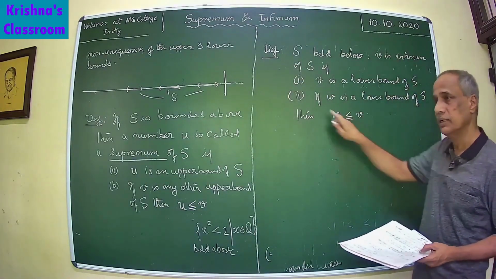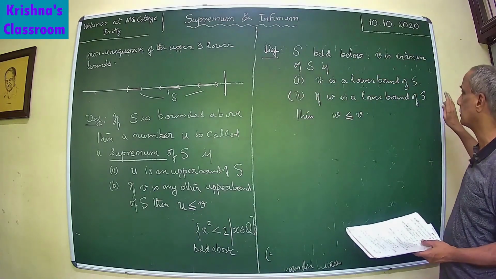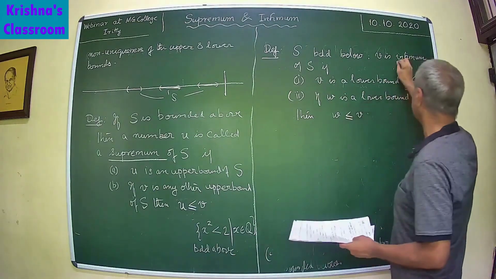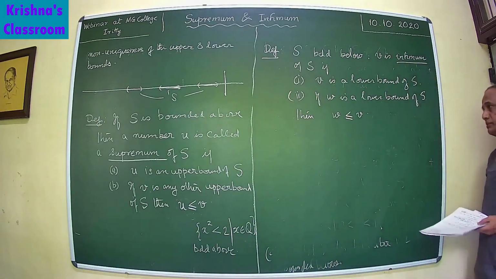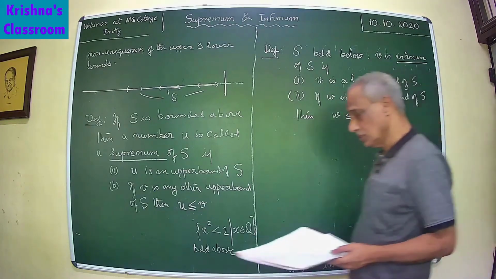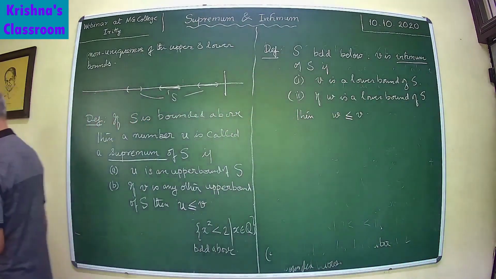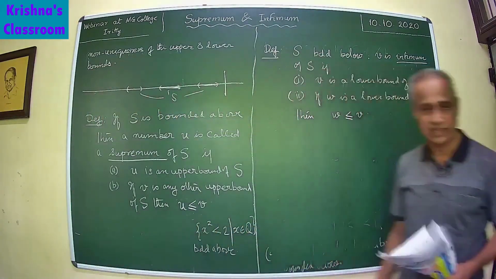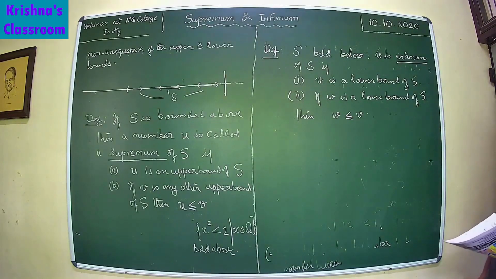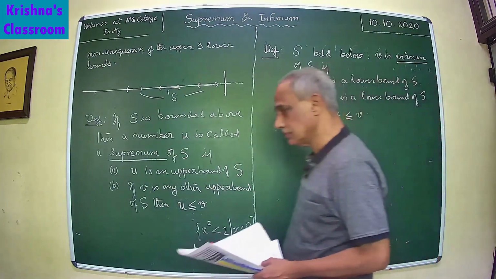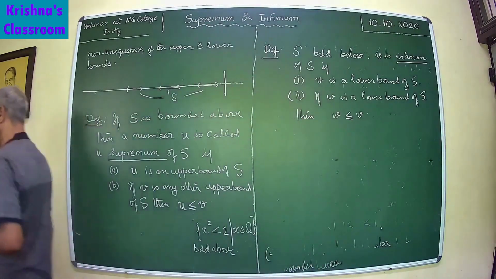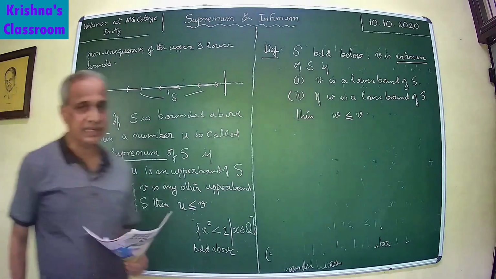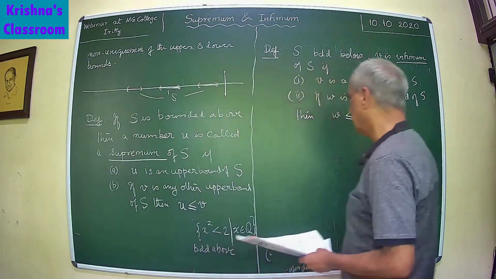When you say it is V, then we say V is the infimum of S. So what one has in R is the extra facility, namely all bounded sets have both a supremum as well as an infimum, or what you call a least upper bound and a greatest lower bound.